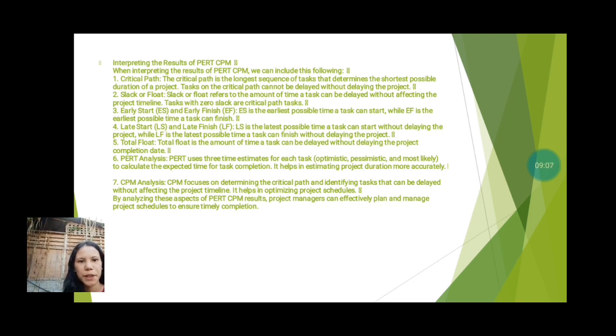6, PERT analysis uses 3 time estimates for each task: optimistic, pessimistic, and most likely. To calculate the expected time for task completion, it helps in estimating project duration more accurately. CPM analysis focuses on determining the critical path and identifying tasks that can be delayed without affecting the project timeline.